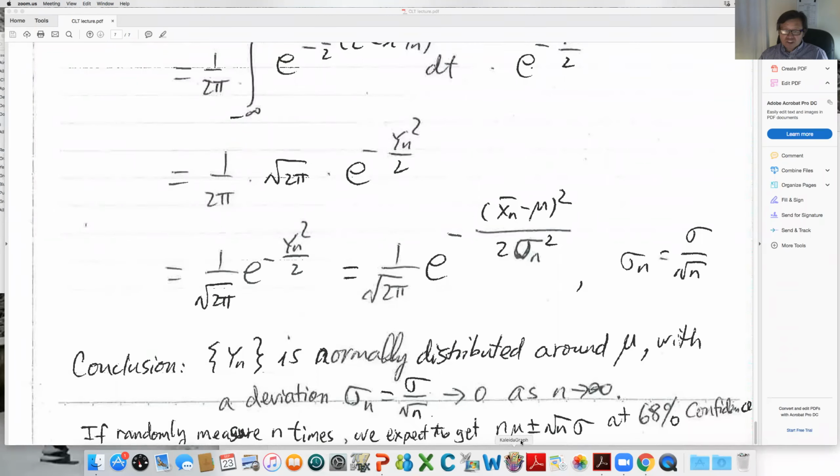So if you take n times and then you average, what you get is n mu plus or minus square root of n sigma, divided by n. So you're going to get very close to the true mean, plus or minus sigma over the square root of n. Okay, so this is the key.